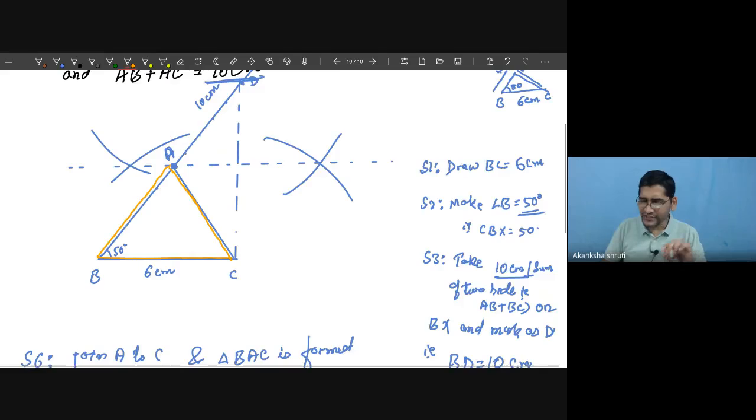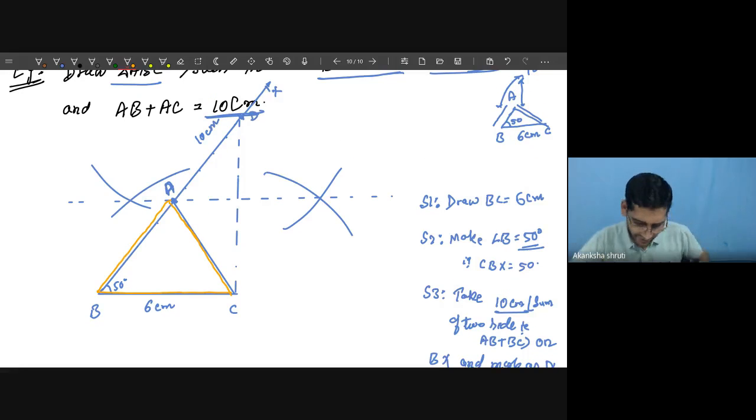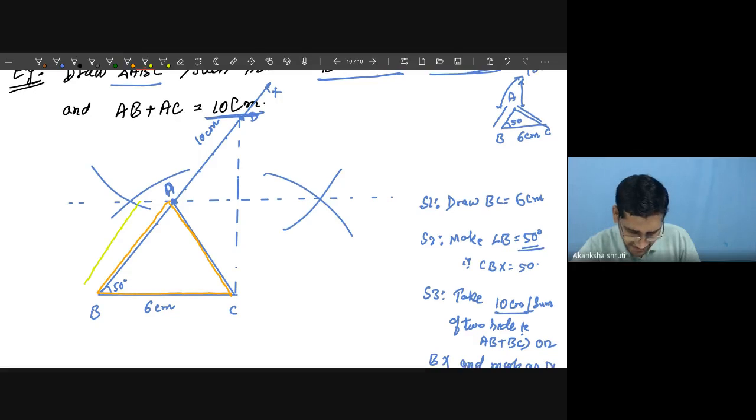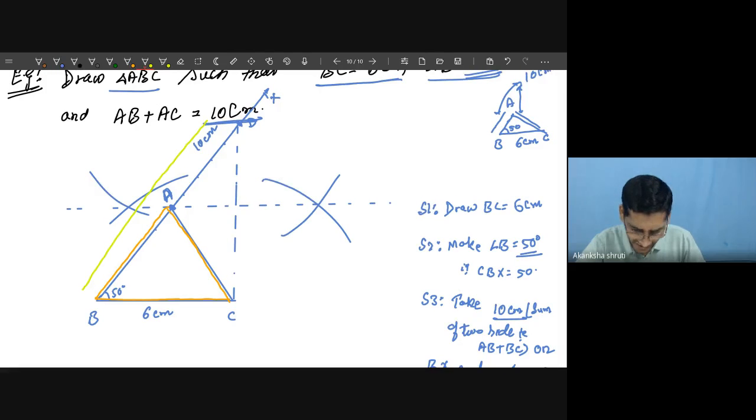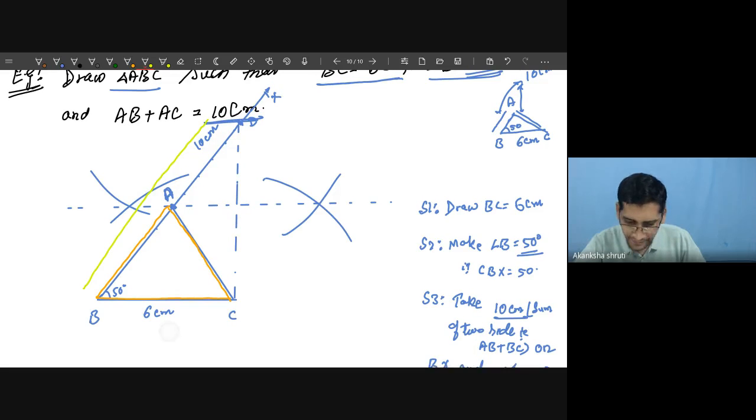Student, the noticeable point here is that the length of BC is given as 6 centimeter, but BA plus AC is given as 10 centimeter. That's why we first took BD as 10 centimeter.